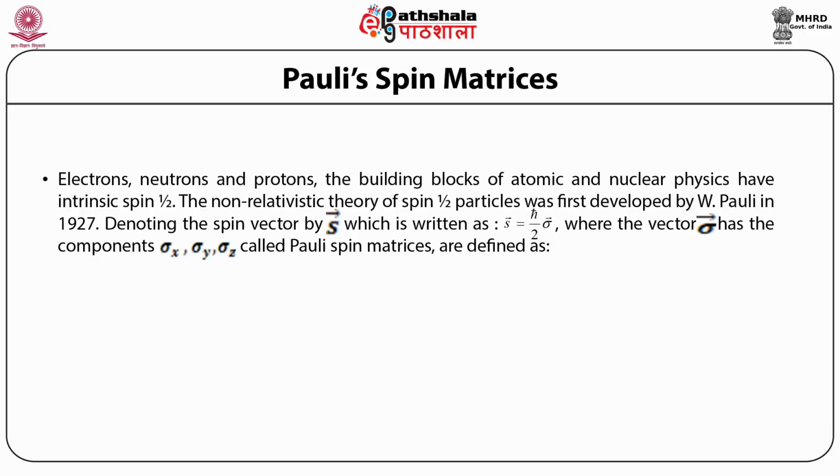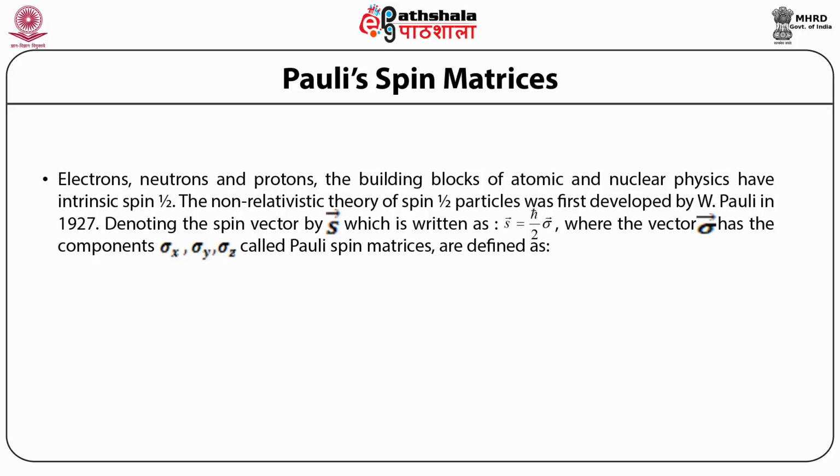So we all know that the electrons and the protons and the neutrons are the building blocks of the atomic and the nuclear physics. And we also know that the electron, the proton, and the neutron, all of them have a spin half. That means they are all fermions.